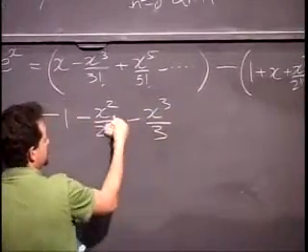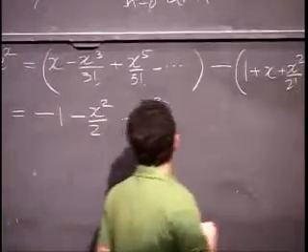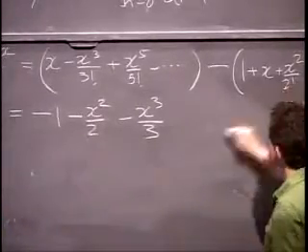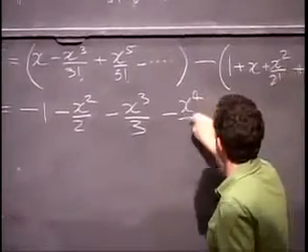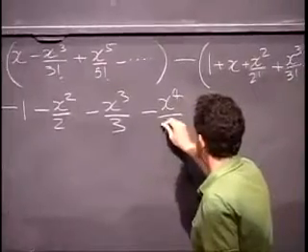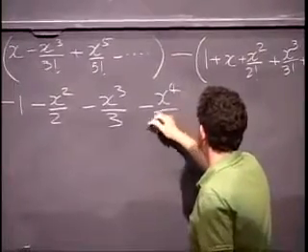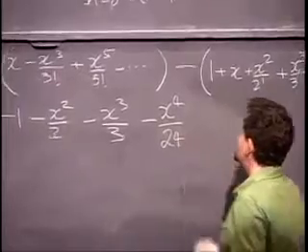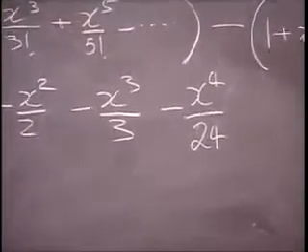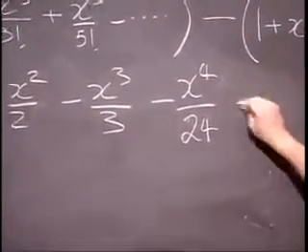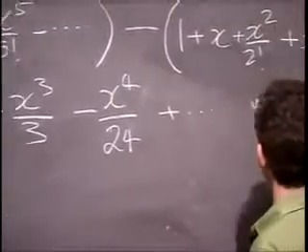I've dropped the factorial here, actually, since 2 factorial is 2. I'll have a minus x to the fourth term over 4 factorial, which is 24. And the x to the fifth term goes away. They cancel.